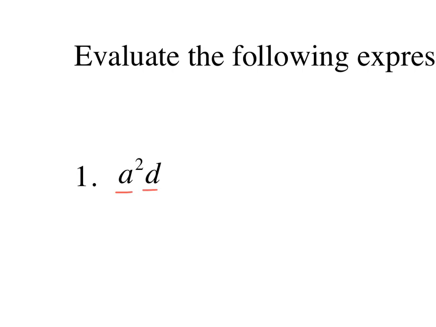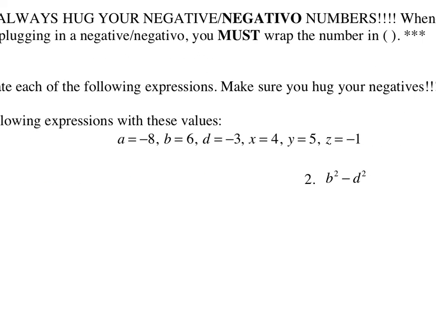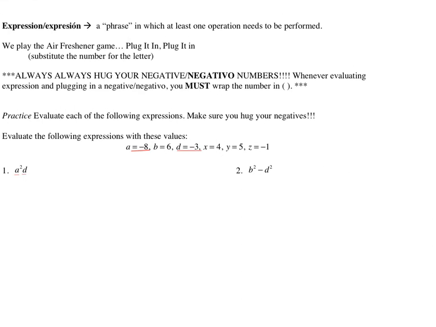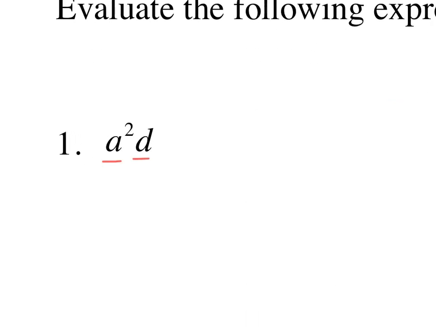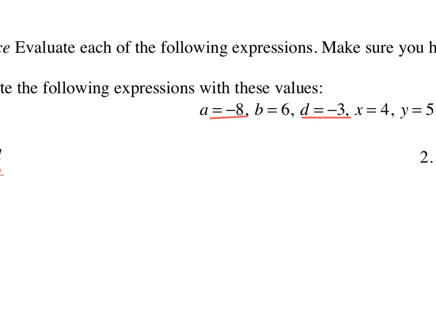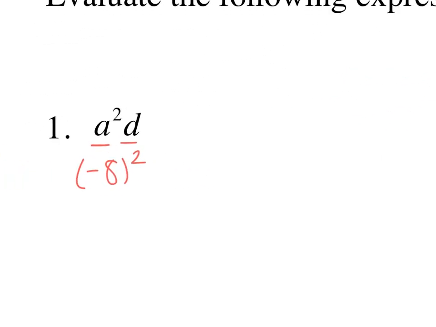So if I go back to my question, the value of A is -8 and the value of D is -3. Those are the numbers I'm plugging in. So everywhere I see an A, I substitute a -8. But remember what I said, we gotta wrap it in parentheses because the parentheses police are coming to town. And now I plug in my D, which I said was -3.